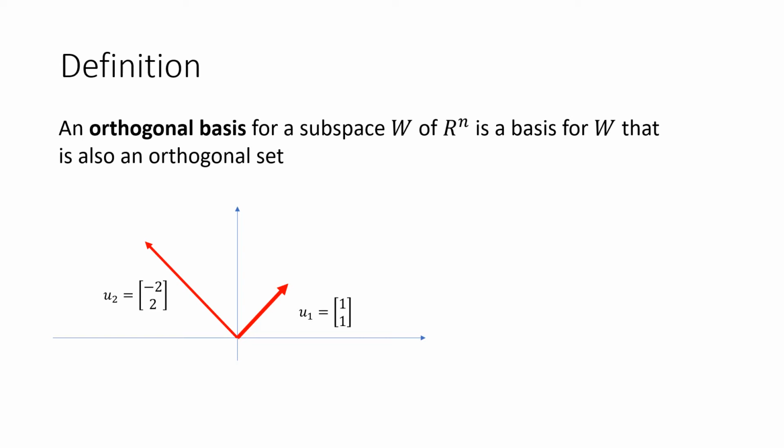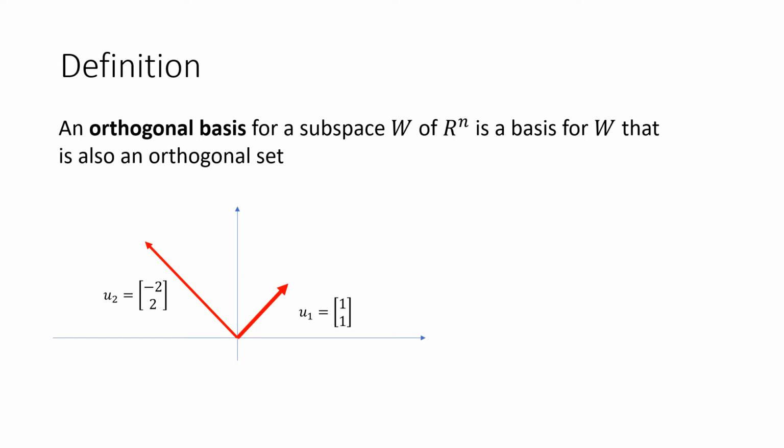The one we're used to, well, that is an orthogonal basis. If we have 3 dimensions, 1, 0, 0, 0, 1, 0, 0, 0, 1, those 3 things are all orthogonal to each other. When we have an orthogonal basis, we get things that work out easier.